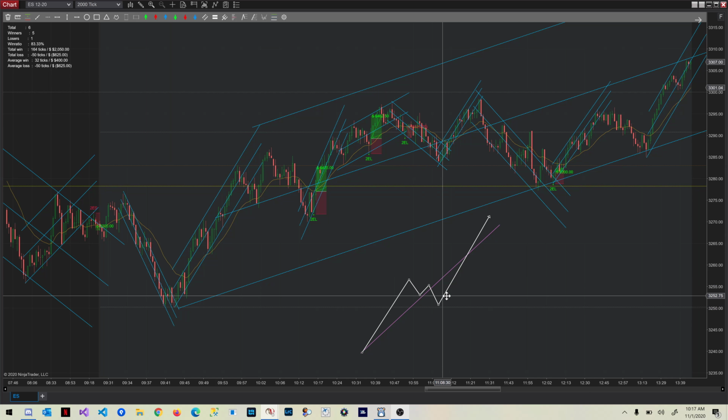So here we would like to get in. So I hope that's more clear now, that the whole idea behind the setup is just a two-legged pullback, and then getting in at the break of the candle high, or in the downtrend it's just the reverse.